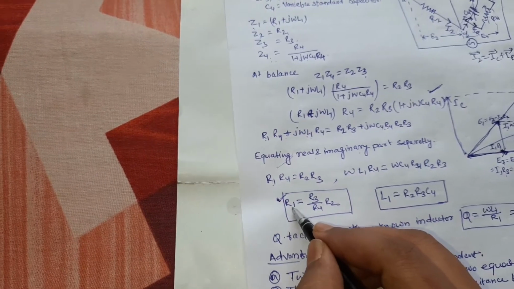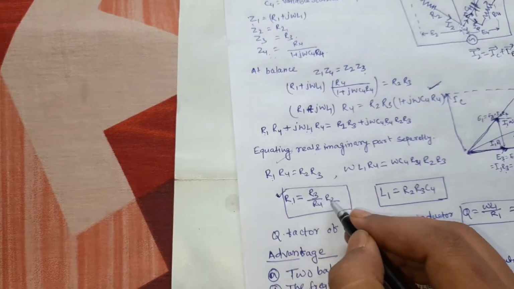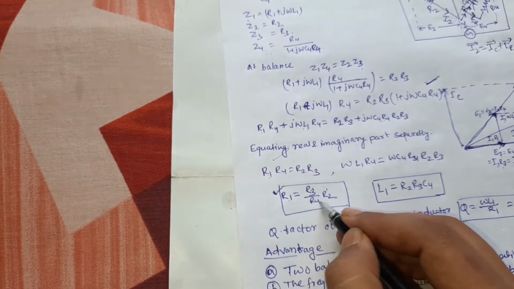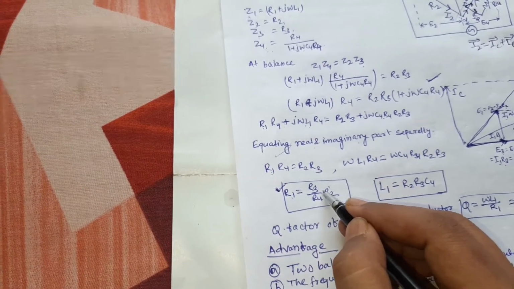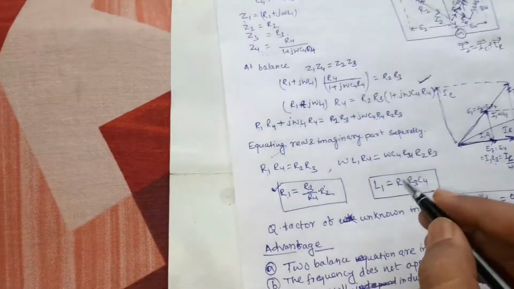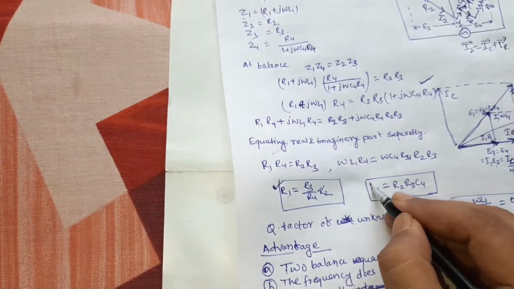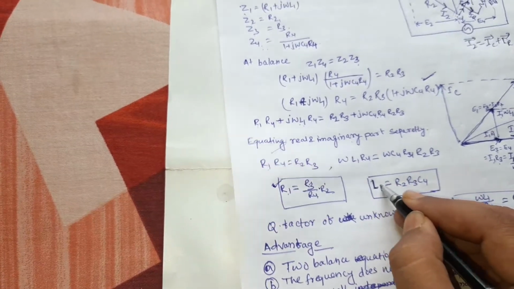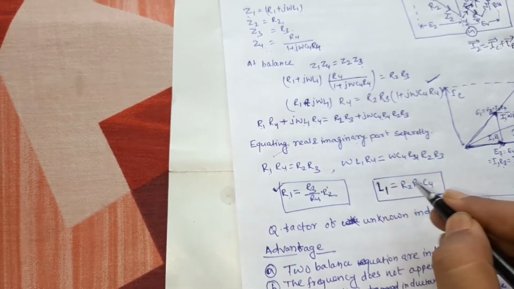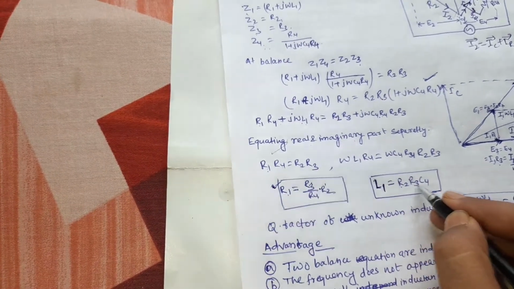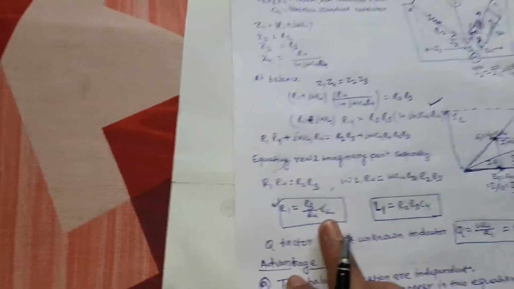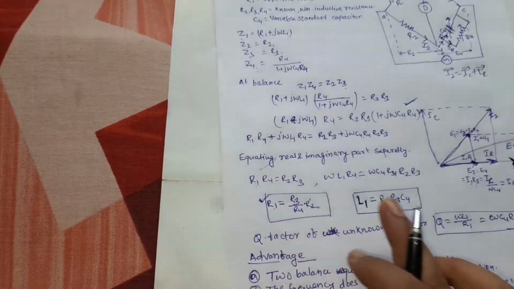In this way the value of the unknown inductor's internal resistance R1 can be represented as R2 into R3 by R4, and the unknown inductance L1 is equal to R2 into R3 into C4. You have to think of the two equations as separate.